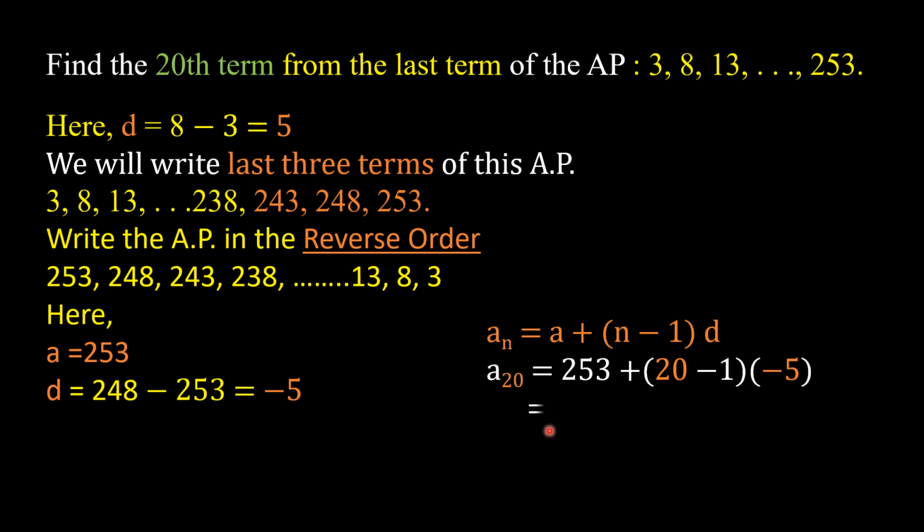Next, 253 plus 19, since 20 minus 1 is 19, 19 multiplied by minus 5 will be minus 95, and 253 minus 95 will be 158. So the 20th term from the last term of this given AP will be 158.